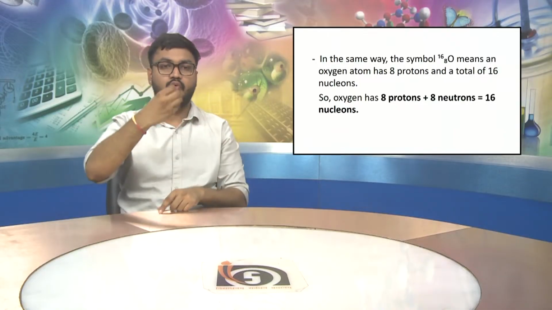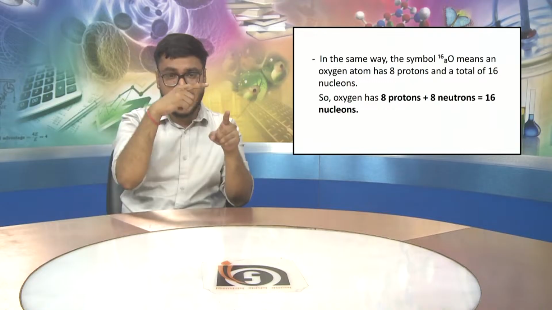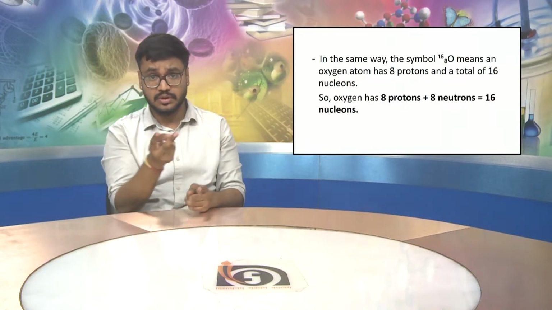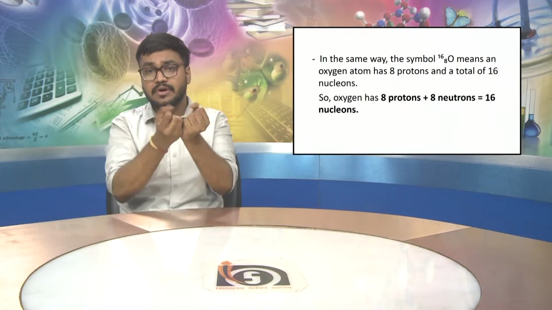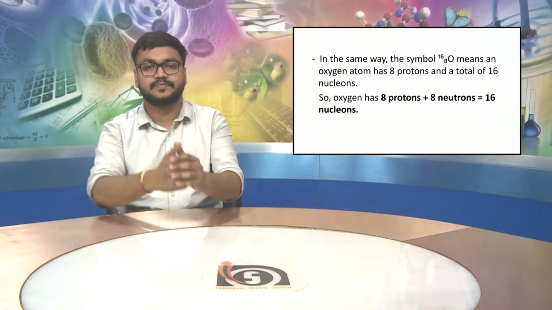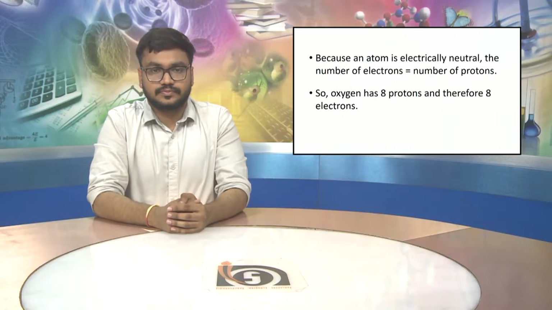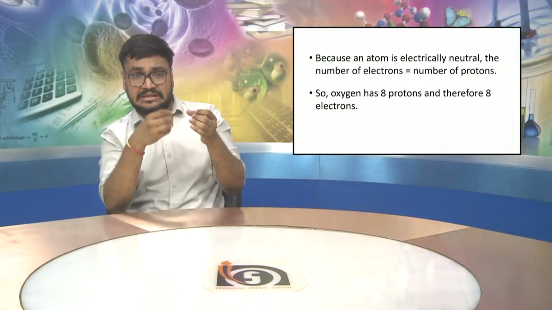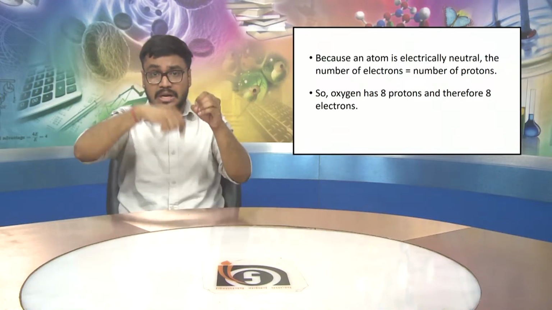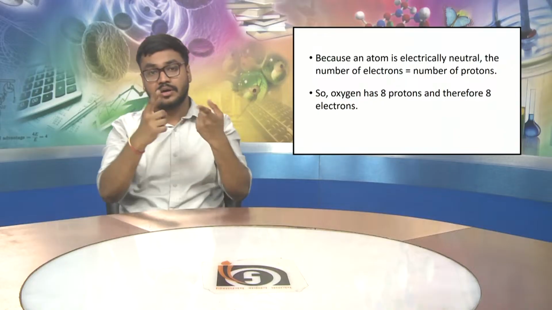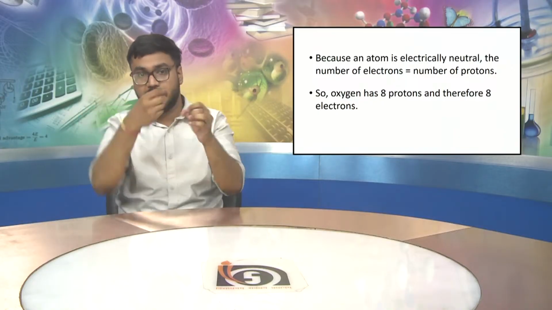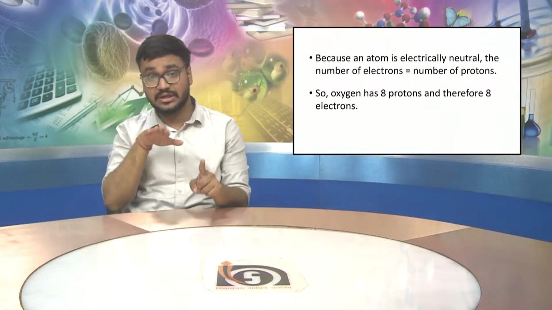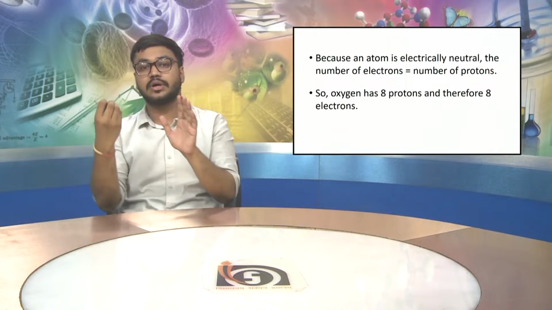So oxygen has 8 protons and 8 neutrons, so it will be 16 nucleons. Because an atom is electrically neutral, the number of electrons is equal to the number of protons.